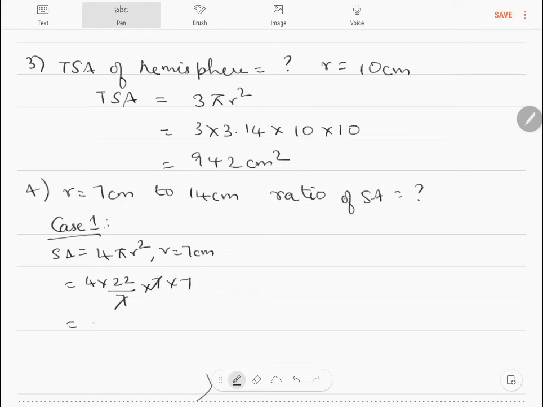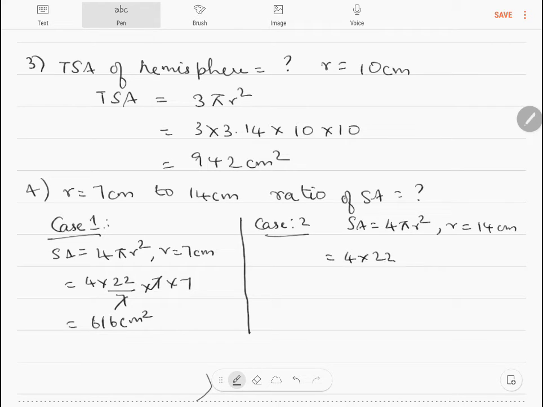The answer will be 616 centimeter square. Case 2, surface area is 4 pi r square, where the radius is 14 centimeters, which is equal to 4 into 22 by 7 into 14 into 14. The answer is 2464 centimeter square.